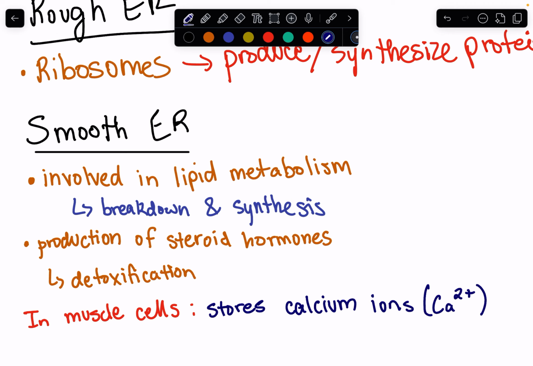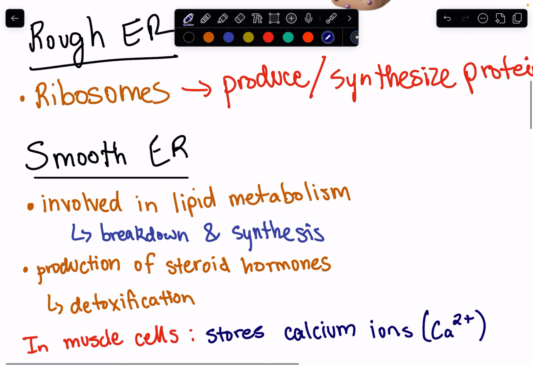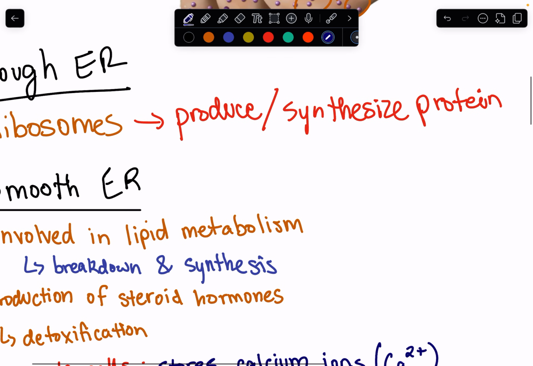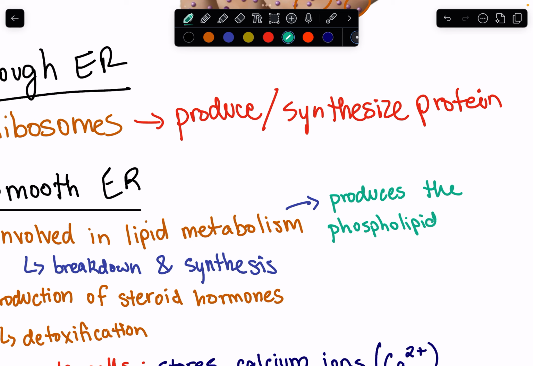And then one note that we wanted to take into account is that the smooth endoplasmic reticulum, we said that it was involved in lipid synthesis or lipid production, and that means that it also produces the phospholipid bilayer throughout the cell. So we can also write that it produces the phospholipid bilayer.